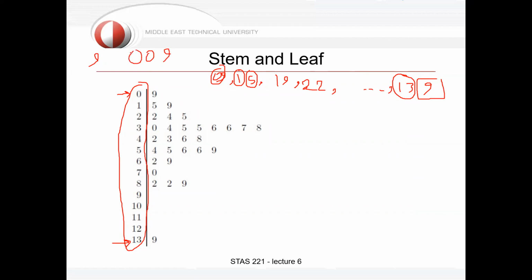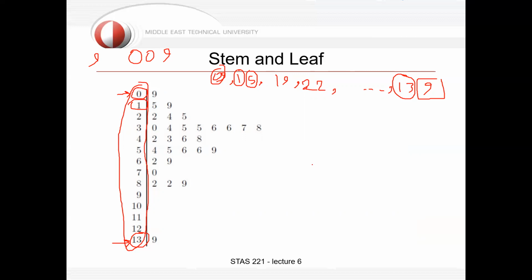It is also possible to show 0, 0, 9 because you have 2 digits here. It is also possible if someone prefers that, but it's also correct like this. So you see, when you do that, then based on what digits you have on the left side, then you can organize your data.